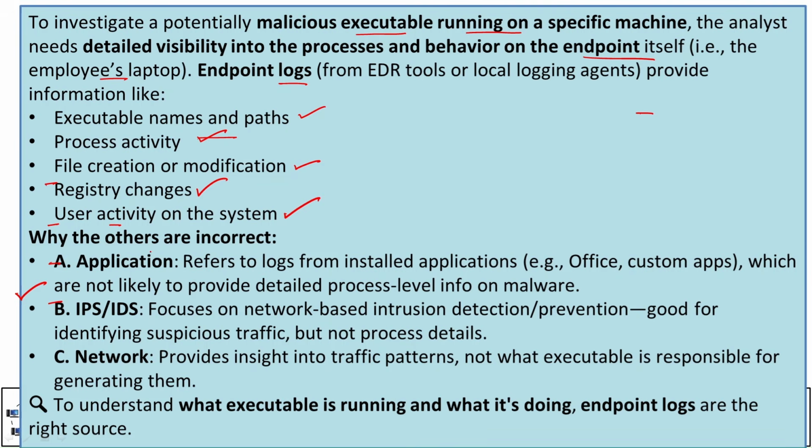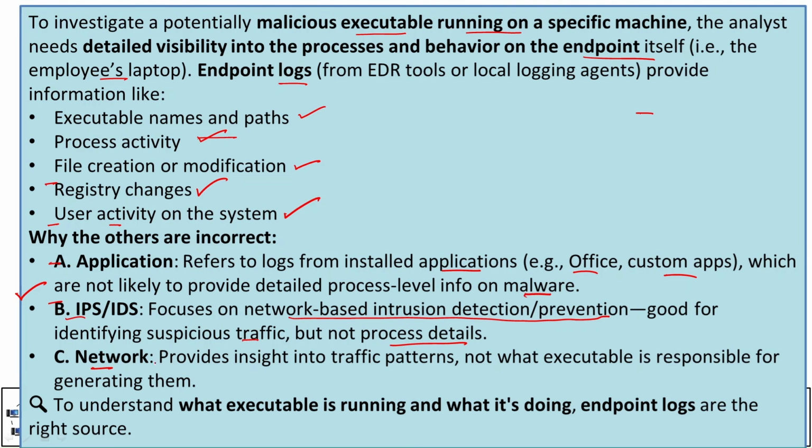Why the other options are incorrect? Option A, application refers to logs from installed applications, for example, Office or custom applications, which are not likely to provide detailed process level information on malware. Option B, IPS and IDS focuses on network-based intrusion detection and prevention, which is good for identifying suspicious traffic but not process level details.